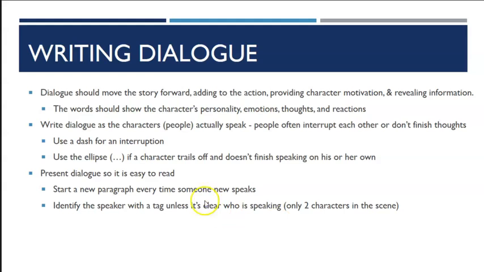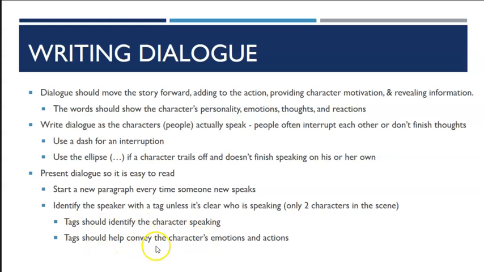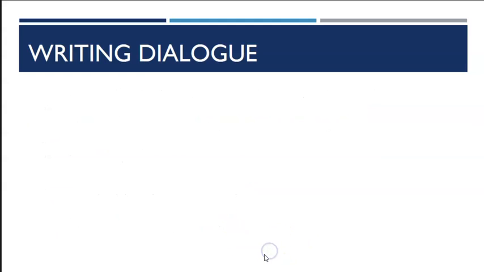You don't necessarily have to use a tag, although often you may still use a tag now and then to add to that emotion, thoughts, reactions, etc. But definitely if there's more than three characters, you need to use a tag. The tag identifies the character who is speaking. It should also convey the character's emotions and actions, okay, while they're speaking.